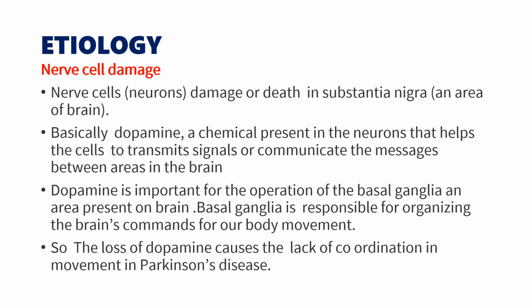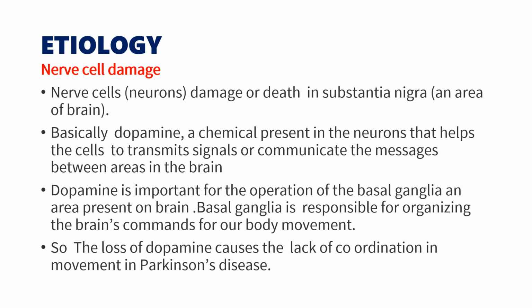Coming to the etiology, what does the etiology mean? Nerve cell damage or nerve cell death. That is the etiology behind Parkinson's disease, especially in specific areas such as the substantia nigra and basal ganglia. These two areas of the brain get affected, and the nerves or neurons in them get damaged, which may lead to Parkinsonism.